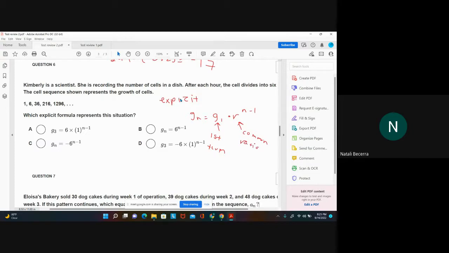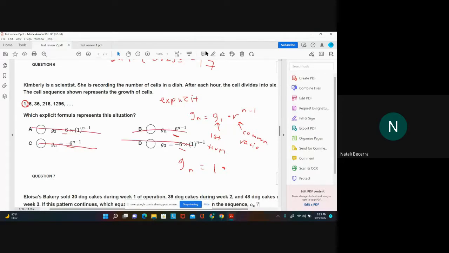So how did they go from 1 to 6? They multiply 1 times 6. 6 times 6 is 36. 36 times 6 is 216. So let's plug in what we know. G1, that's my first term. What's my first term? 1. So I'm going to have 1 times. Actually, I just noticed this is wrong because none of them have 1. So none of these are right. I apologize for that.